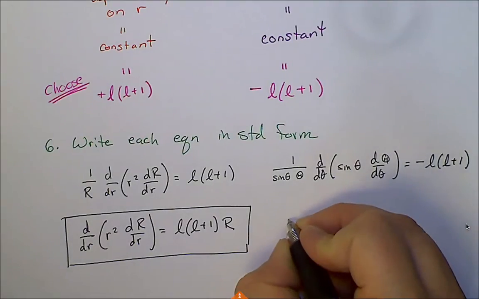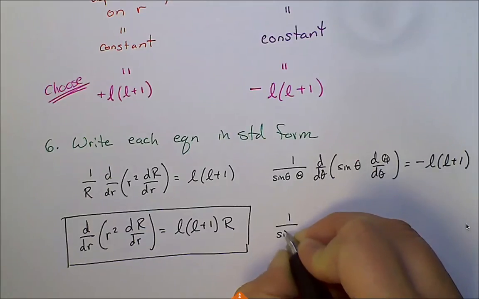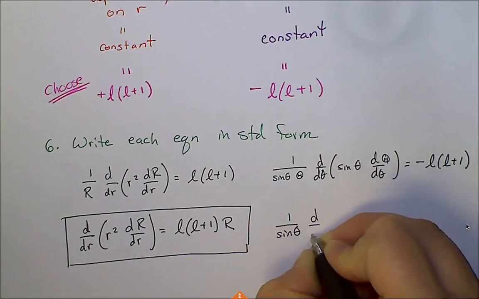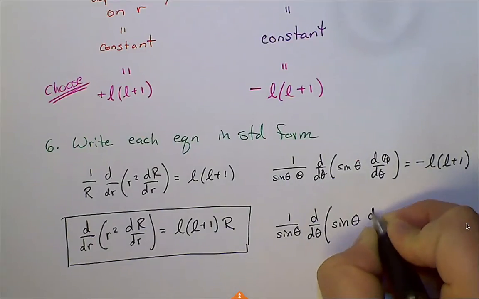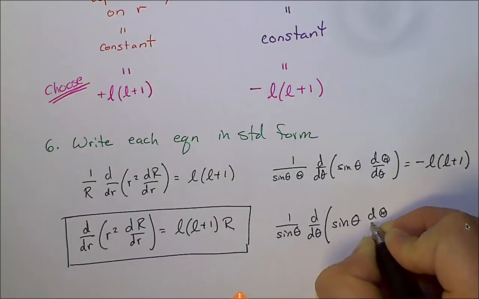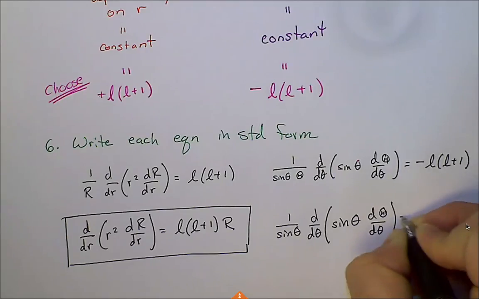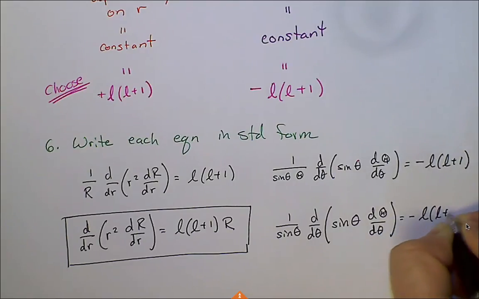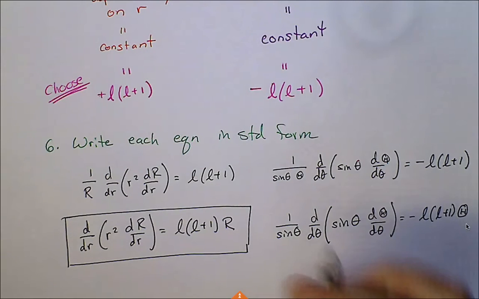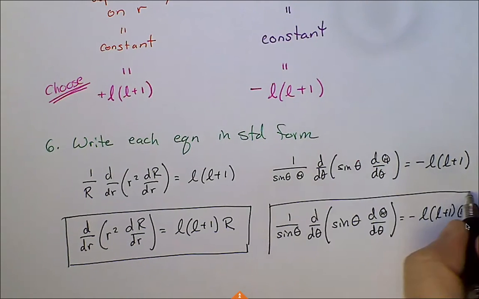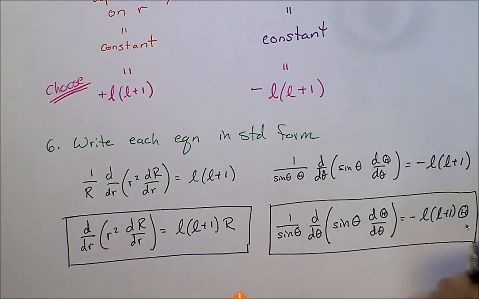So if I multiply both sides by big Theta, I'm going to get 1 over sine theta d d theta of sine theta d big Theta d little theta, and this is equal to minus L times L plus 1 times capital Theta. So standard form means that all of the functions are in the numerator, where we're used to dealing with them.